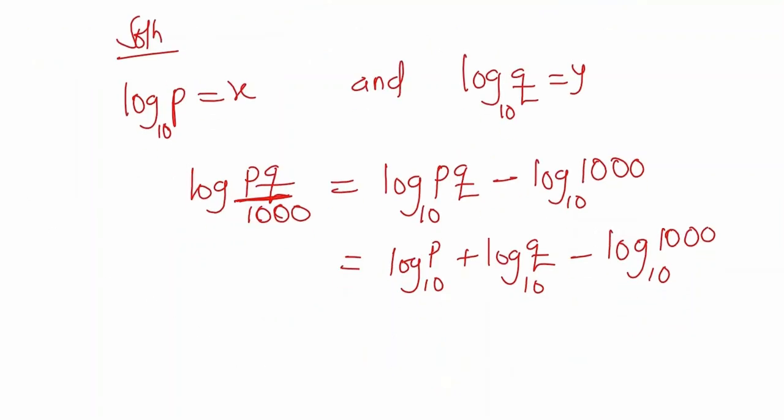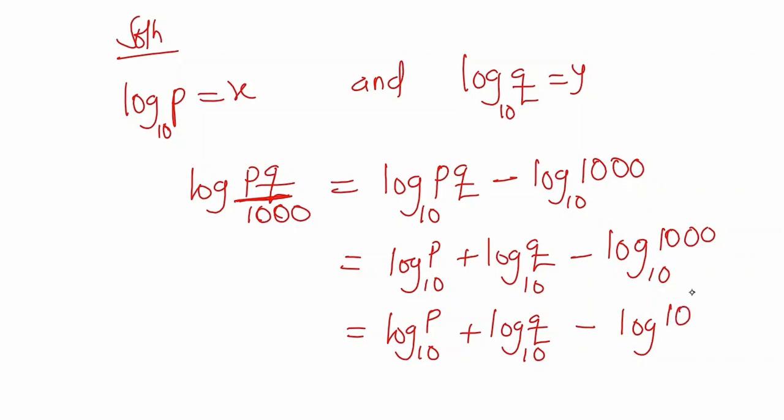Now we continue with our solution, and at this point we can maintain log p base 10 plus log q base 10 and also simplify log 1000 base 10. So that is log p base 10 plus log q base 10 minus log. Now 1000 simply means 10 exponent 3, so we have 10 exponent 3 base 10.